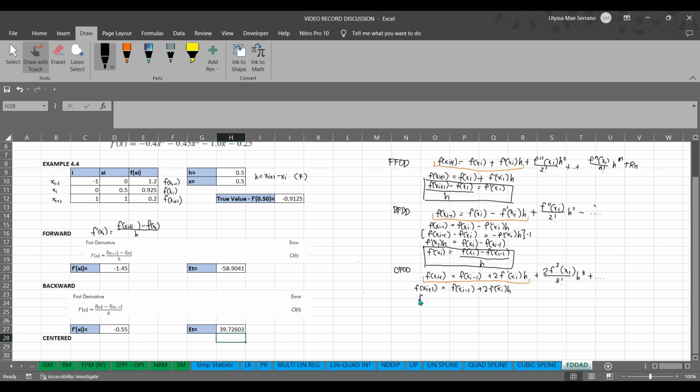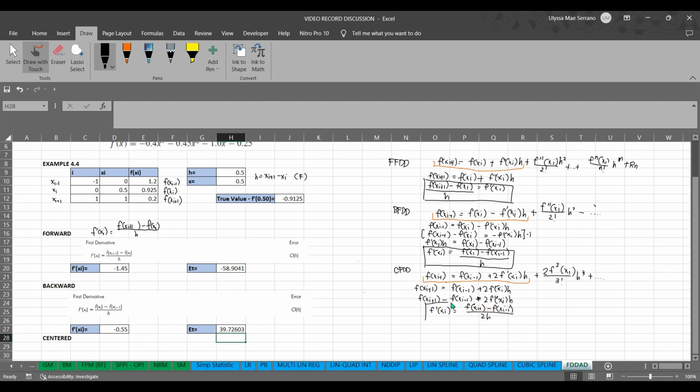We will have the function of x sub i plus 1 minus the function of x sub i minus 1 equals 2 times the first derivative of the function at x sub i times h. And divide both sides by 2h. So we will have the first derivative of the function at x sub i equals the difference of function x sub i plus 1 and the function x sub i minus 1 all over 2h.